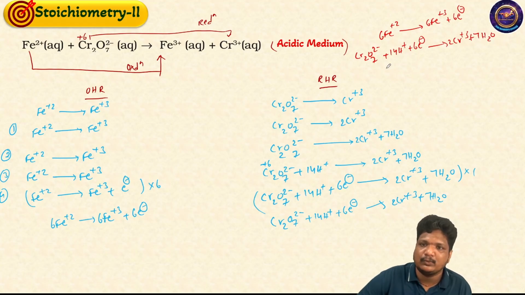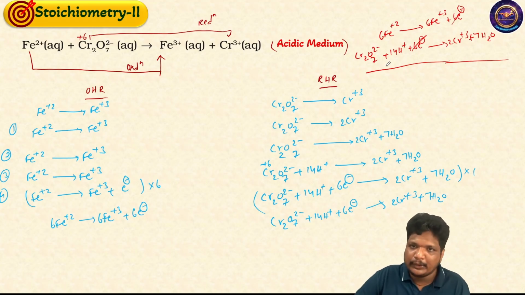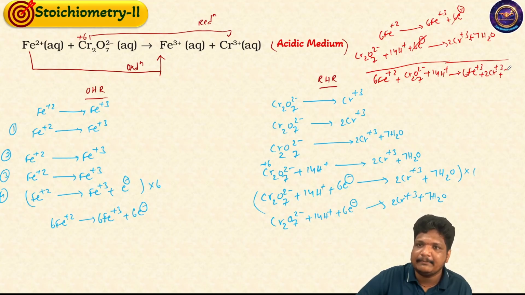Now you can cancel these 6 electrons and 6 electrons. So the remaining part is 6Fe+2 plus Cr2O7 2- plus 14H+ gives rise to 6Fe+3 plus 2Cr+3 plus 7H2O. So this is the final balanced equation.